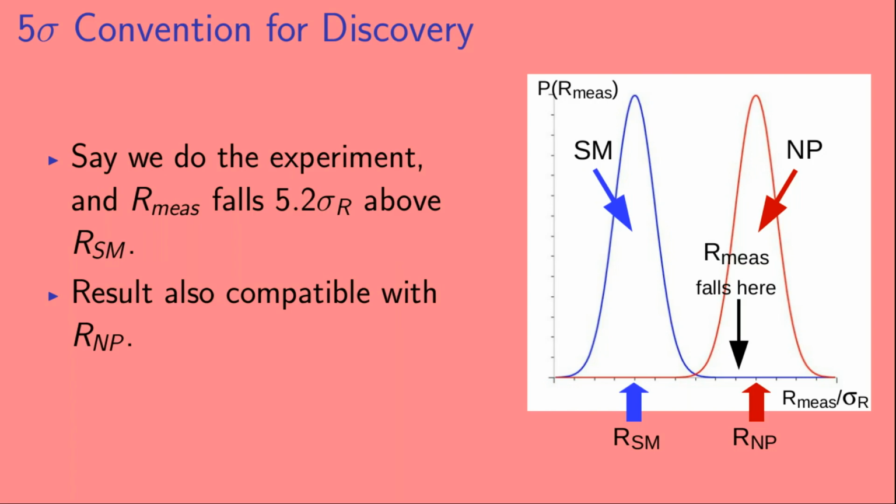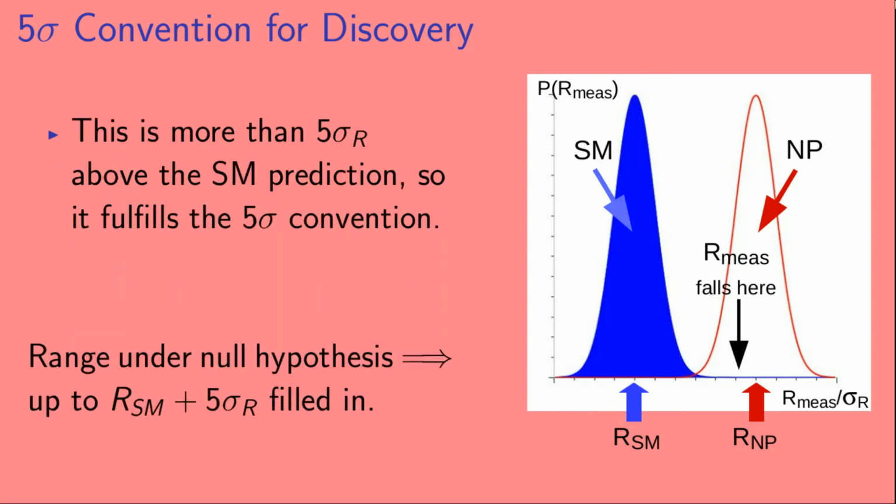Now let's say we do the experiment and R measured falls 5.2 sigma R above RSM, the null hypothesis standard model expectation. And also, let's say that this result is compatible with RNP, the new physics expectation. This is more than 5 times sigma R above the standard model prediction, so it fulfills the 5 sigma convention.